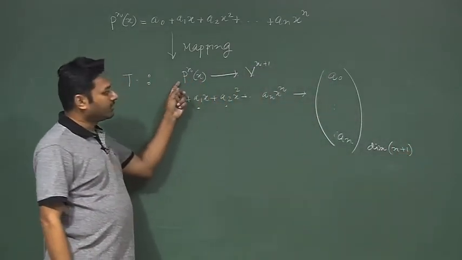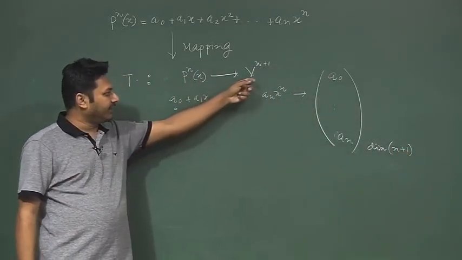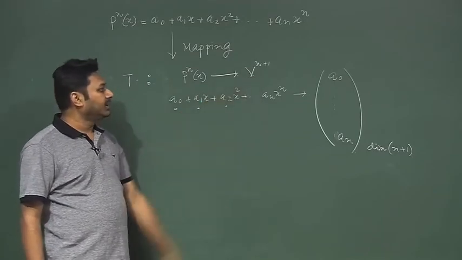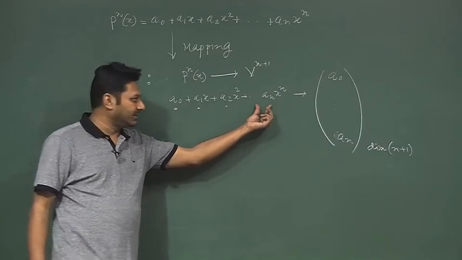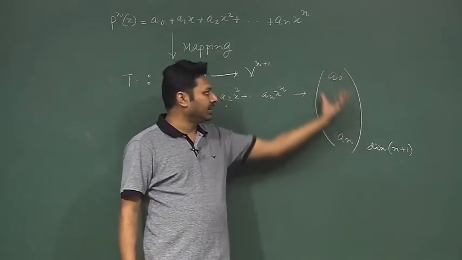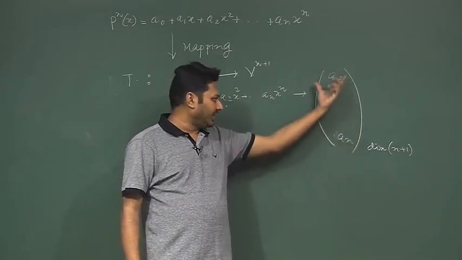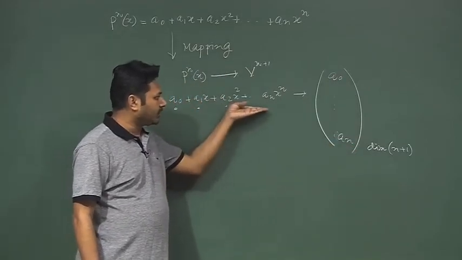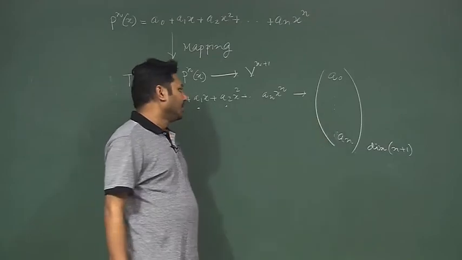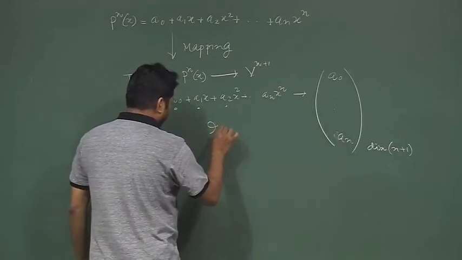So from an nth order polynomial I can make a vector, and this vector is nothing but the coefficients given to you. I write the coefficients in a column vector, and then I have a direct mapping from this polynomial to a vector. This is sometimes called isomorphism.